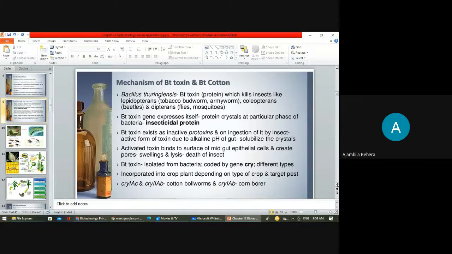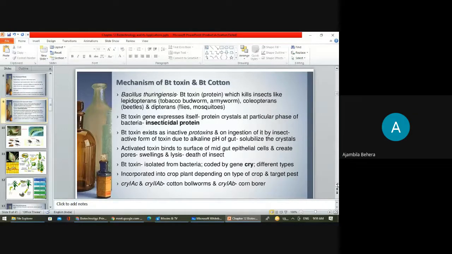So let us discuss the different insects: lepidopterans, coleopterans, and dipterans. These are the three major groups of insects that generally damage our crops. Under the lepidopterans, tobacco budworm, armyworm.